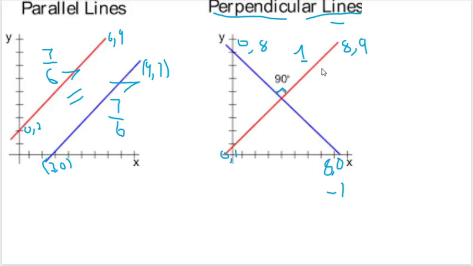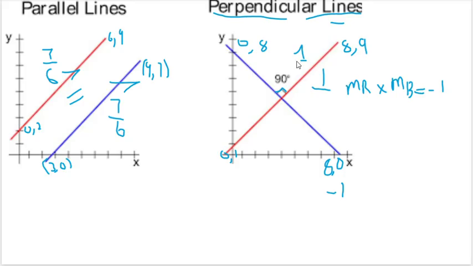When it comes to perpendicular lines, this is what you're going to do. The gradient of red, let's call it M_R, times the gradient of blue, when you multiply both of them, must give you an answer of negative 1.